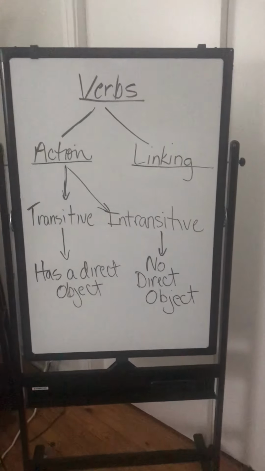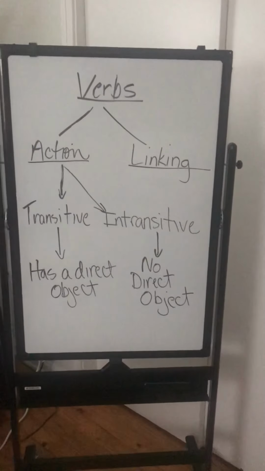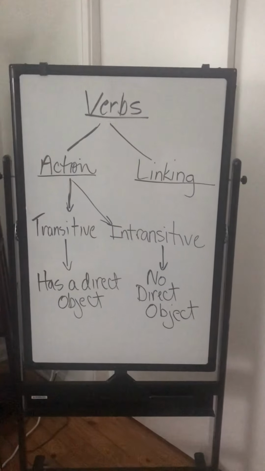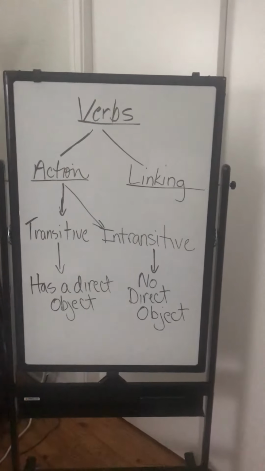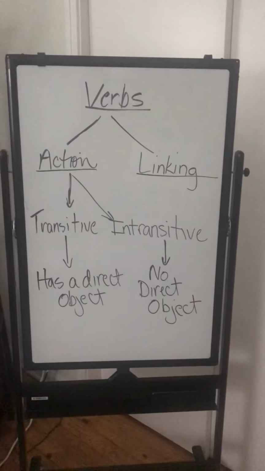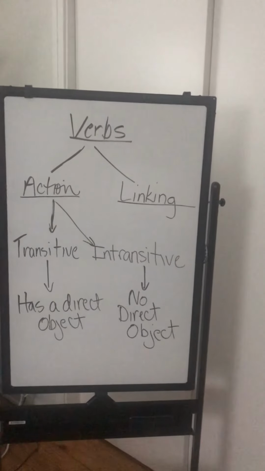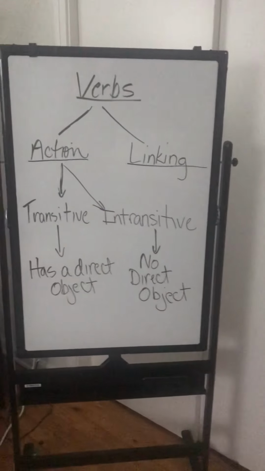Transitive action verbs must have a direct object, because really what's going on with this verb is that there's a transference of action from the subject of the sentence to the receiver, which is the direct object. So without that direct object to receive that transference, you can't have a transitive verb.